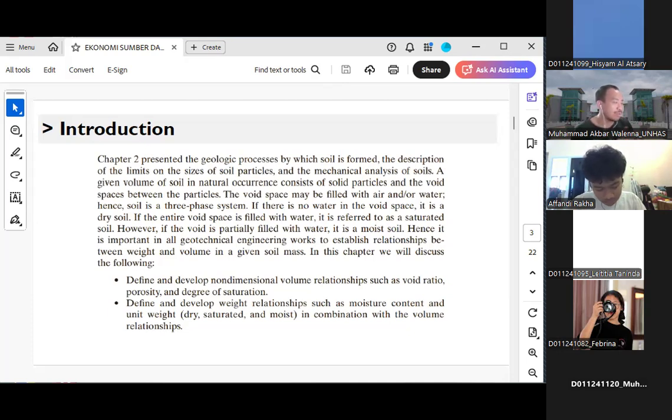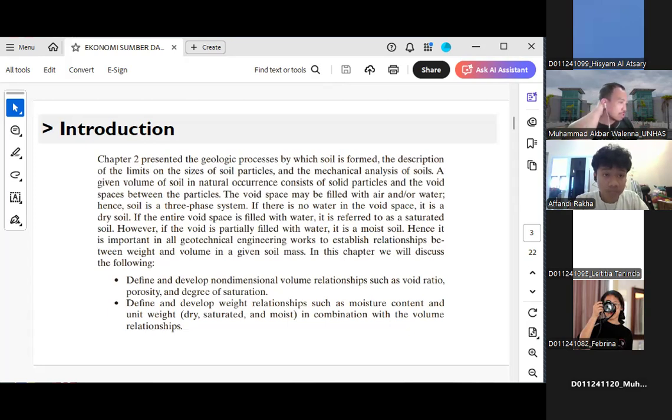So that's how we can equate that with a condition of dry soil, because there's no water left or trapped inside the soil. That's why it is important for all of you to understand this terminology and how it relates to the behavior of the soil itself.